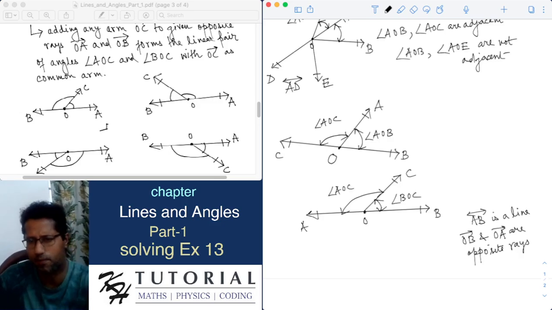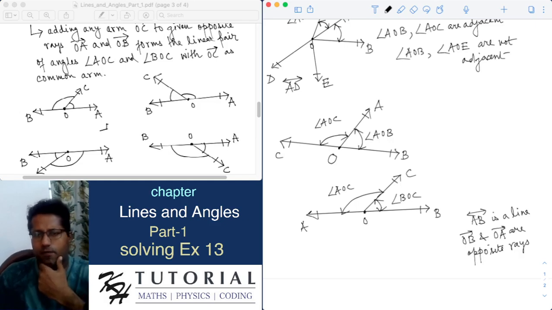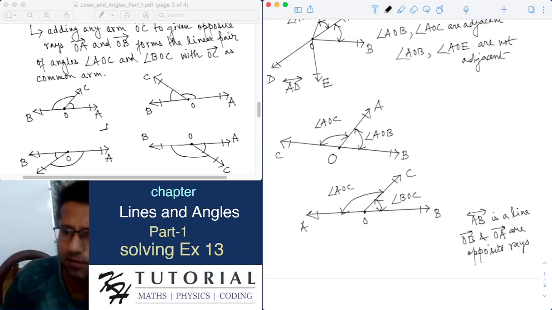They will be a linear pair of angles, where the two angles have the common arm OC and the common point O.